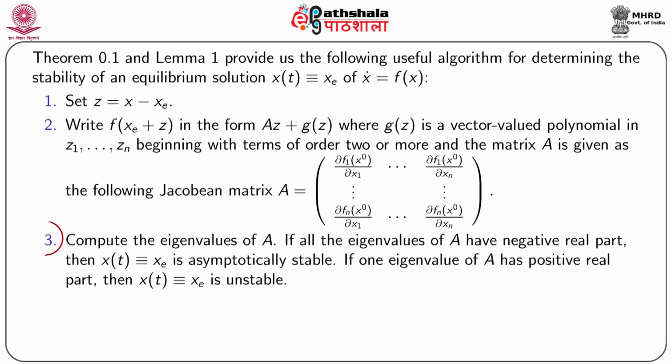Next we compute the eigenvalues of A. If all the eigenvalues of A have negative real part, then x(t) equal to x0 is asymptotically stable.